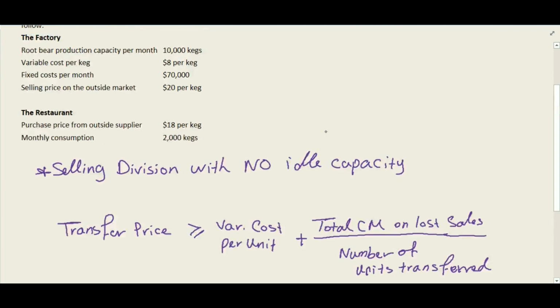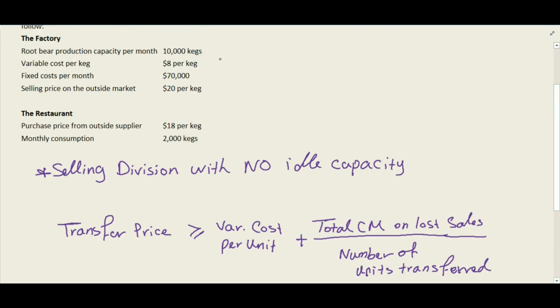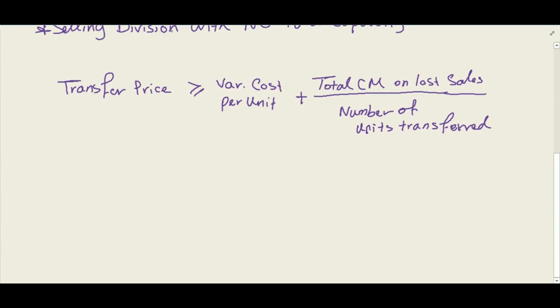So here we know that the factory produces 10,000 kegs, the production capacity, and they don't have any idle capacity, so they are producing 10,000 and the restaurant requires 2,000. So the variable cost is $8 per unit plus the CM.